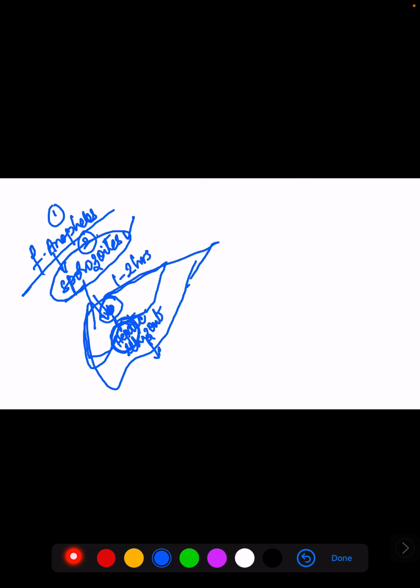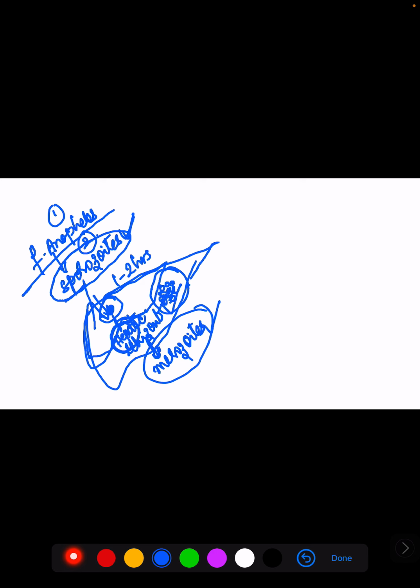This is a multinucleated schizont because of the multiplication, and this schizont ruptures, releasing merozoites into the circulation. So first sporozoites, then hepatic schizont and merozoites.